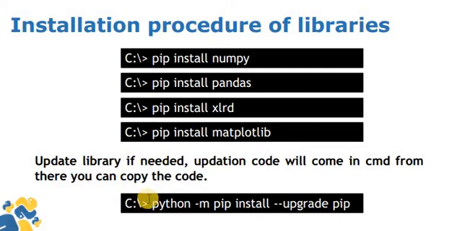This is the syntax: python -m pip install --upgrade pip. It will check whether the latest version is available in your PC. If it is already the latest, it will not update. If there is an older version of pip, it will upgrade your pip.